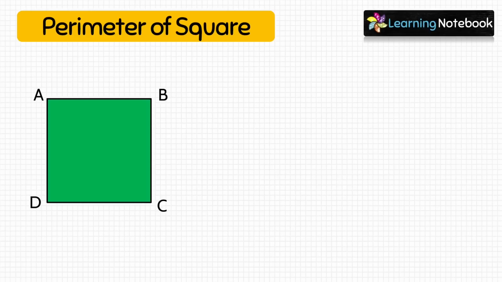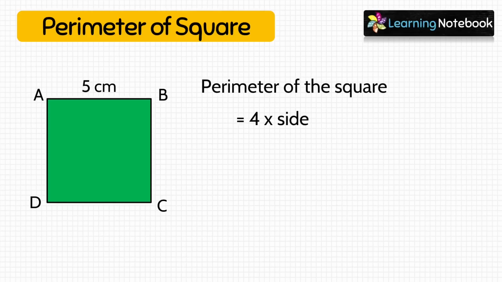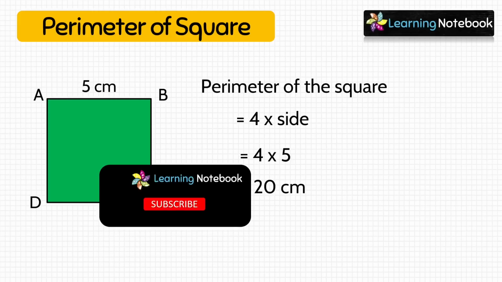Now suppose we are given with length of one side of a square, which is 5 centimeter. And as we know, the length of all the 4 sides of the square are equal. So we will use the formula to find perimeter of the square as 4 into side. And side is 5. So we get 4 into 5, which is equal to 20.